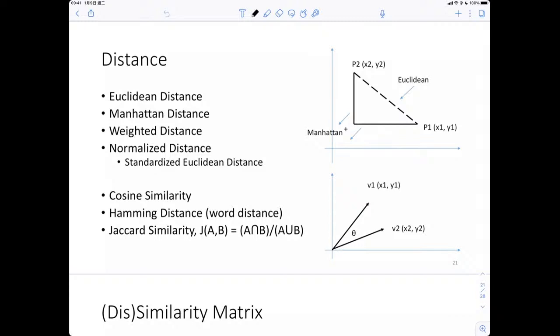The first thing we think about is the distance. There are several distances, Euclidean distance as we mentioned before. You simply do the calculation. There are several other distances like this one, Manhattan distance, 曼哈顿距离. Manhattan distance is simply just like this.